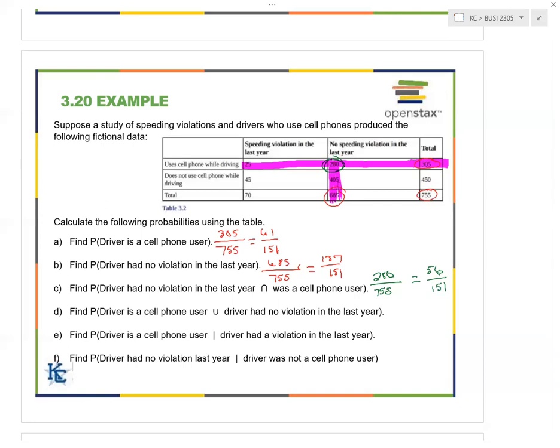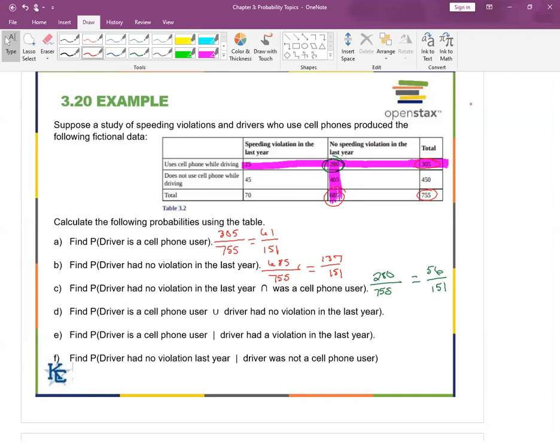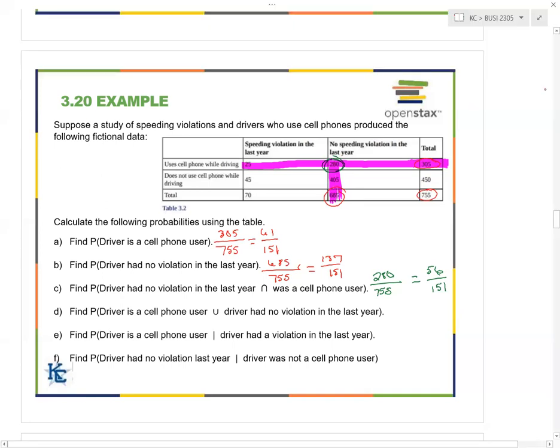So if we wanted to know what this value is, we could write it as cell phone users is 305 over 755 plus no violations would be 685 over 755 minus, we take away where they overlap so that that's not counted twice.